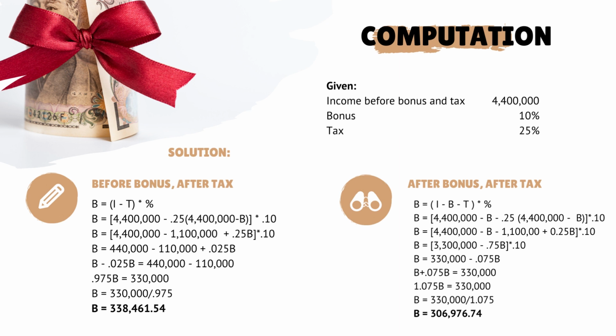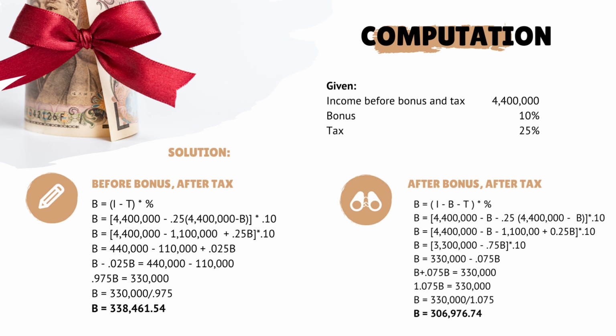And then the basis of your 25% tax is the income minus bonus, so income minus all other deductions. That is why in here, you multiply the 25% tax rate by 4,400,000 minus the bonus. Okay?